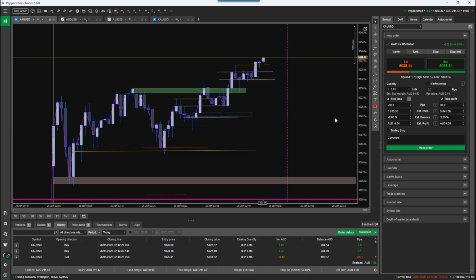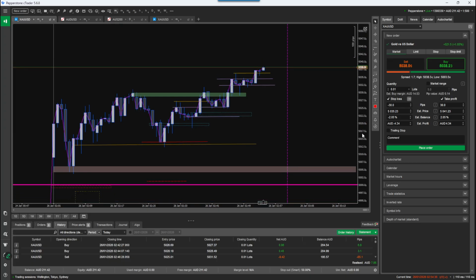Now that I've cleared the chart, start to move this sucker up.